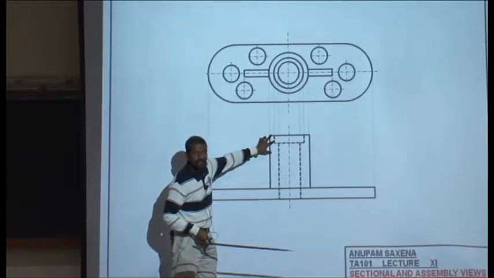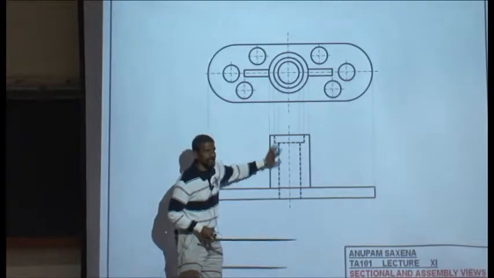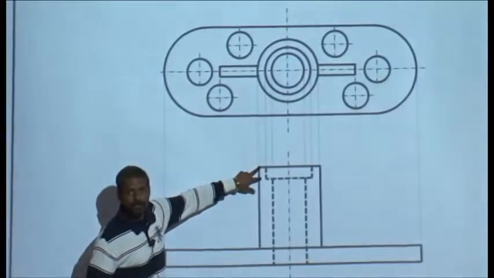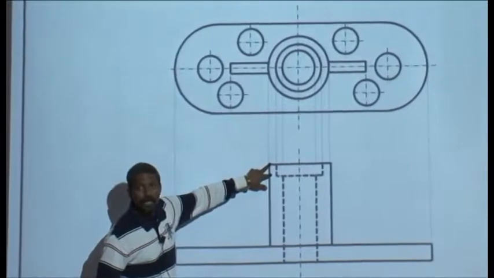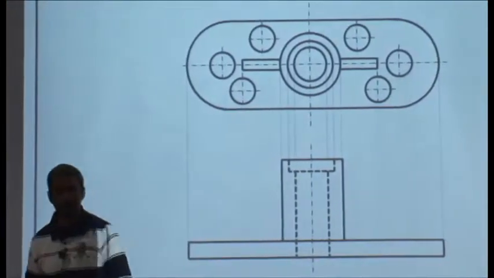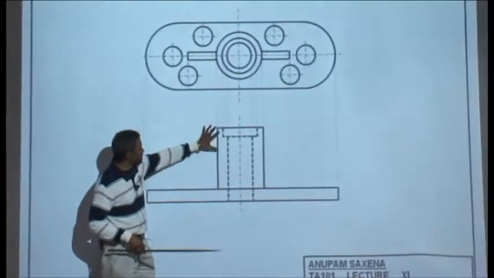Okay, this feature. And I want your attention here because this is something that I'm going to be asking you in the exam. This feature is called a countersunk. Okay? Countersunk. What I will give you as information is this.